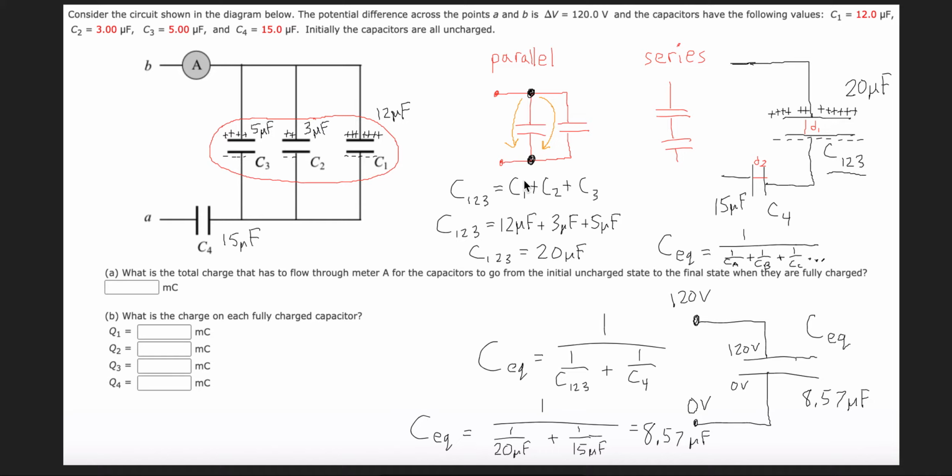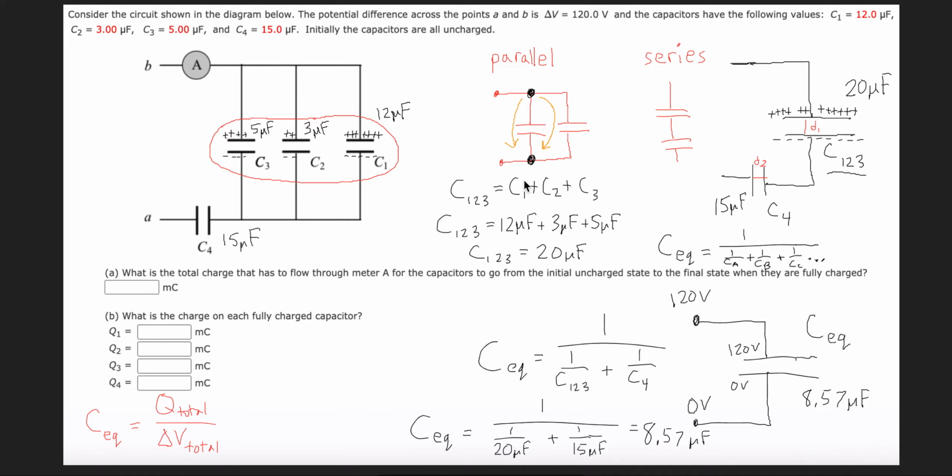I would now use the formula for capacitance, CEQ equals Q total over delta V total. That'll allow us to find the charge on our equivalent capacitor.